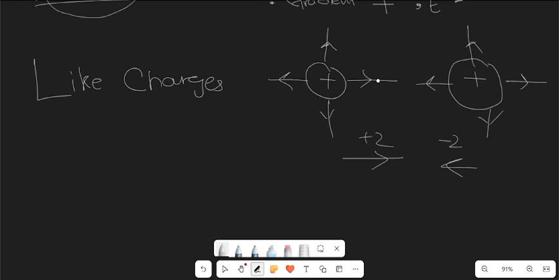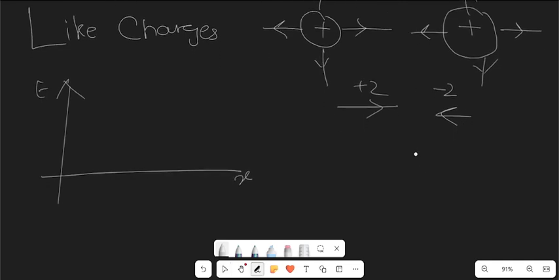That means for the graph of electric field strength against distance, the graph will look very similar to this. Now, why is it not touching like the V?